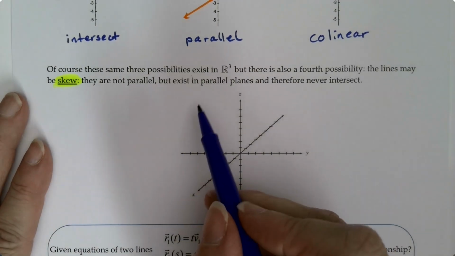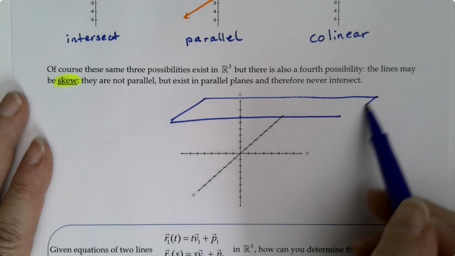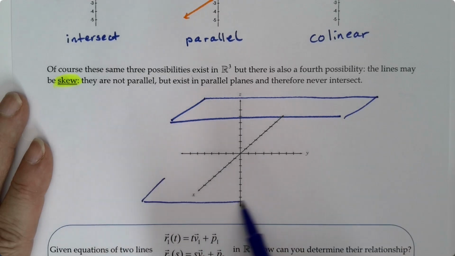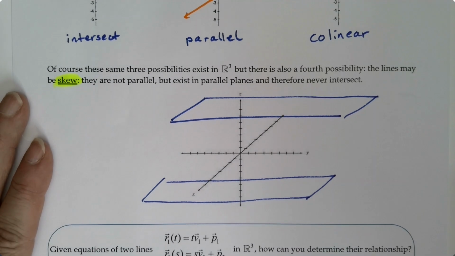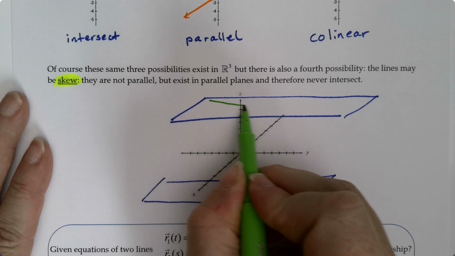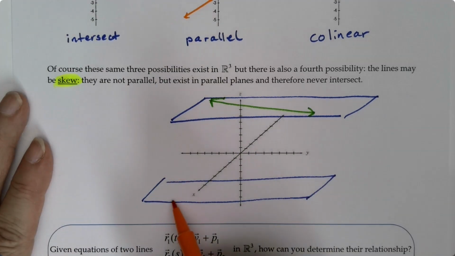All right, so let me draw a couple planes here. Draw one plane up high and one plane down low. It's like they're 2 floating sheets of paper. And then I have one line that goes this way, and I have another line that goes that way.